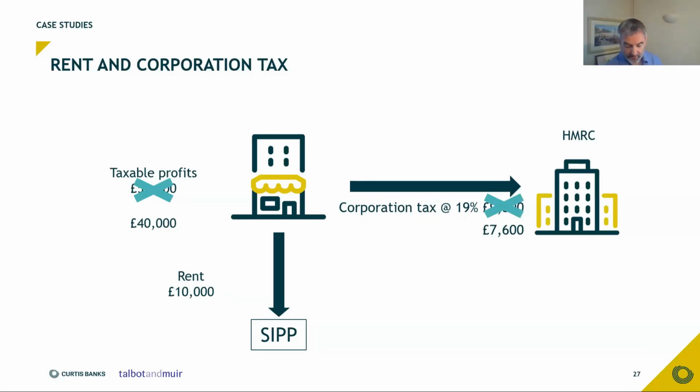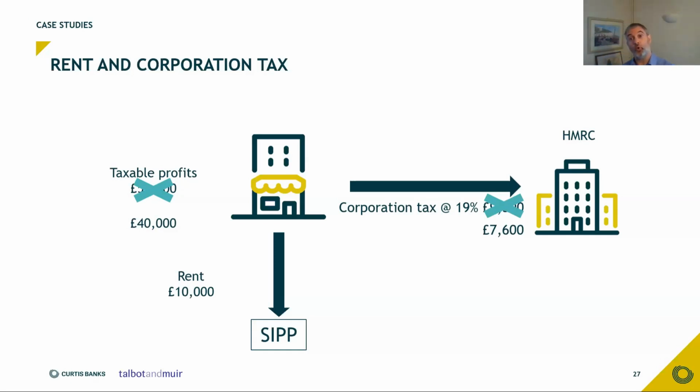And another point, imagine the director of this company, they want to extract profit from the business in the most tax efficient way possible. So on your advice, they are paying employer pension contributions of £60,000 a year. So that's pre-tax revenue of £60,000 being extracted from the business, paid into their pension every year.